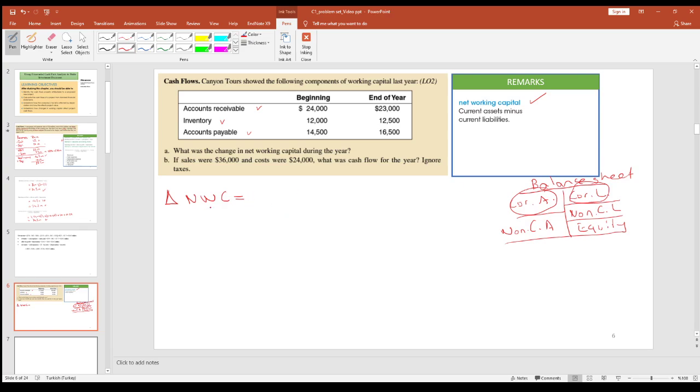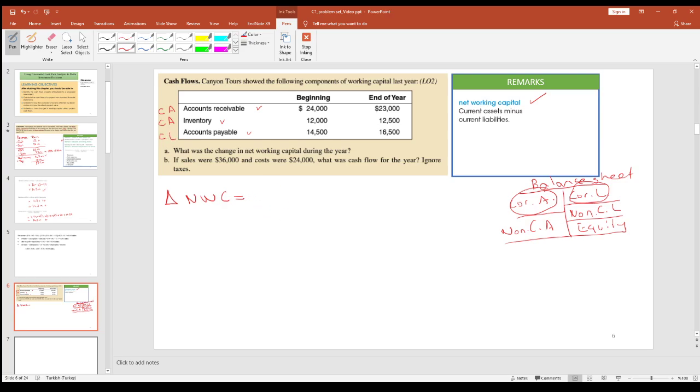So in this case, the change in net working capital. Now you need to look at what was given. Accounts receivable is part of current assets. Inventory is part of current assets. We need to know this. Accounts payable is part of current liabilities.